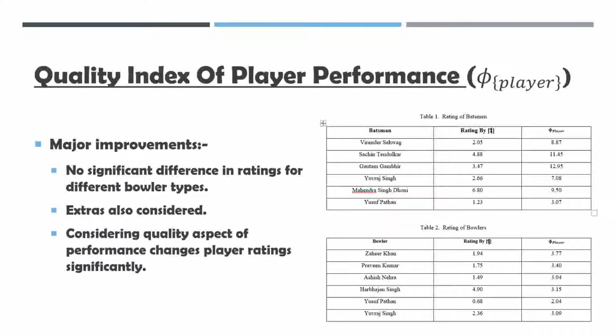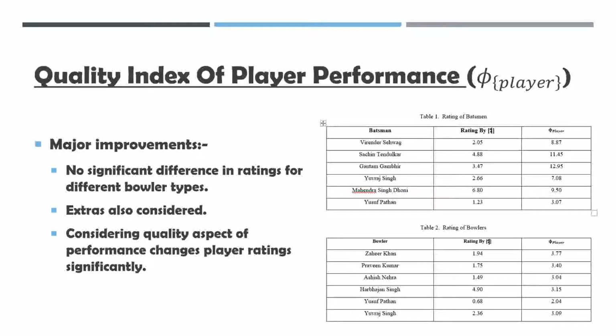As you can see, there is a certain inconsistency, and a significantly higher number is given to this bowler. So these anomalies exist in the work. By using quality metrics, we improved over this. And as you can see in the second column of table two, Harbhajan Singh has a rating within the range of other fast bowlers.